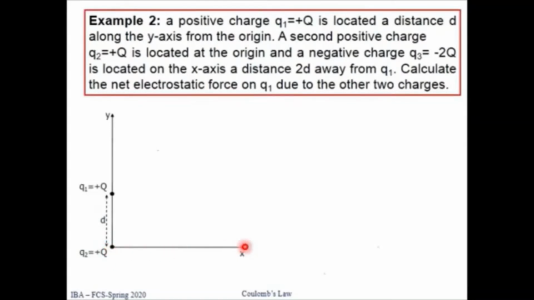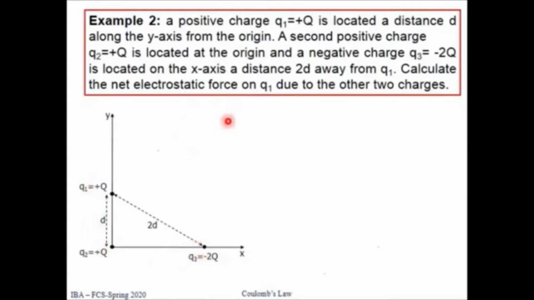So the third charge Q3 is to be placed on the x-axis at a distance 2d. So these are the three charges, Q1, Q2, and Q3.